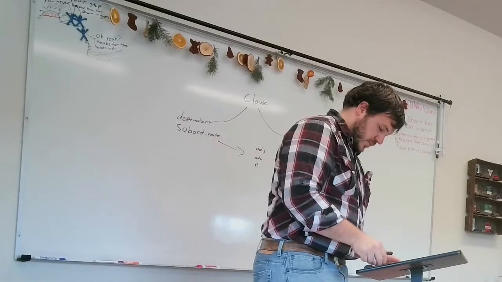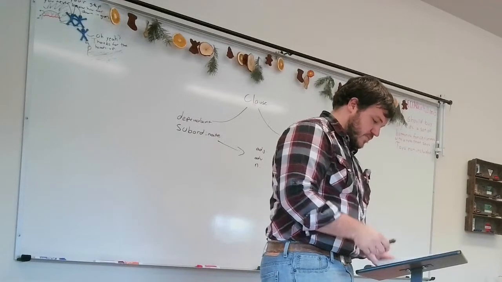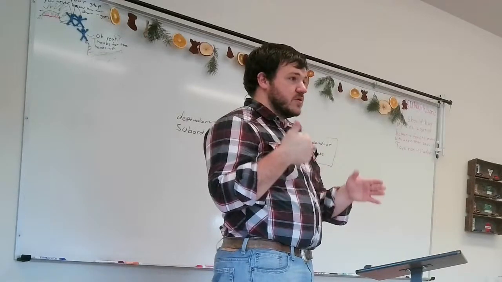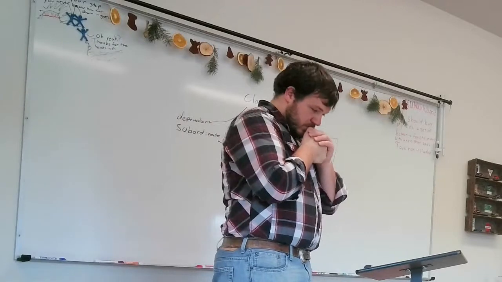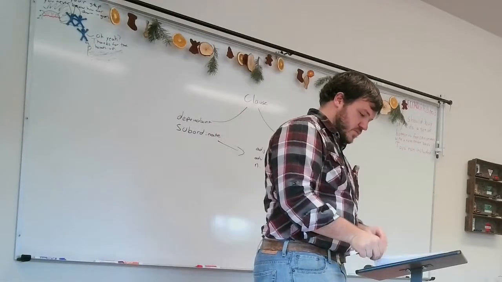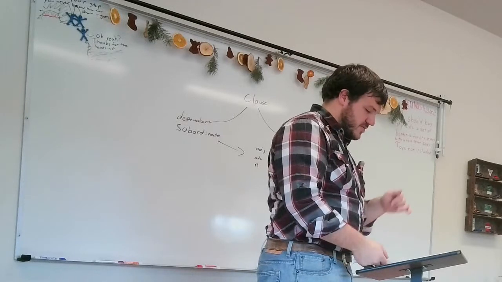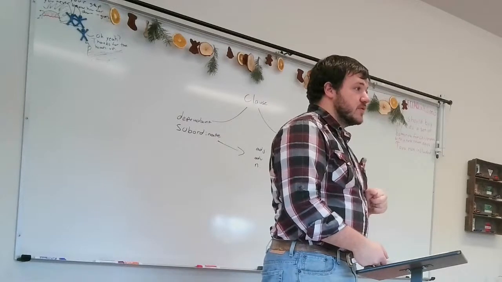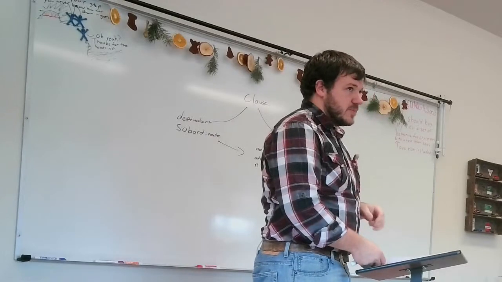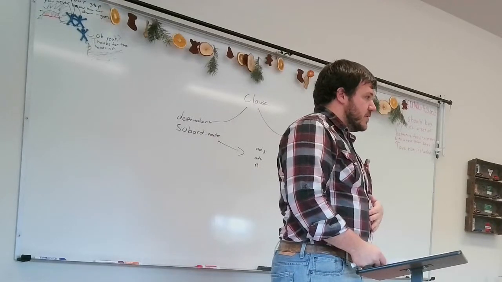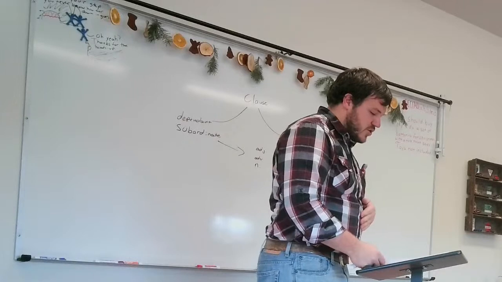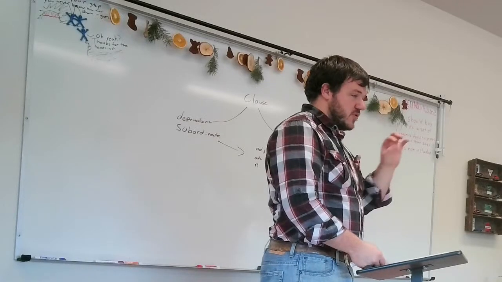Now, the two relative adverbs are listed in there. Underline or circle them or something. Where and when are relative adverbs, so they're always going to function as an adverb in the clause.